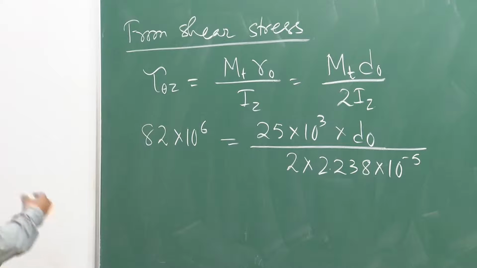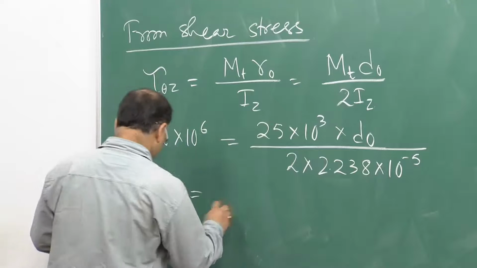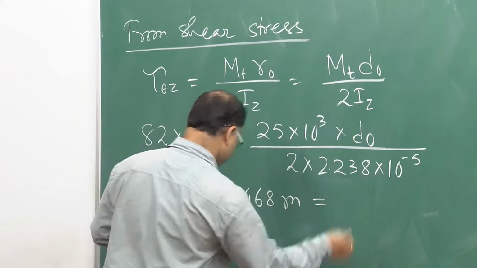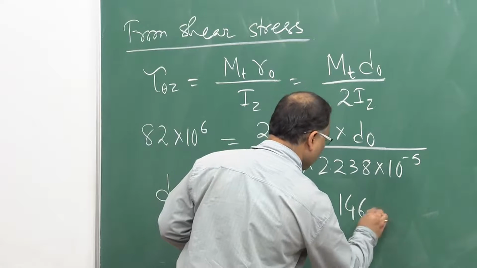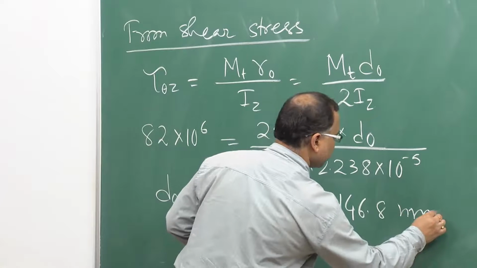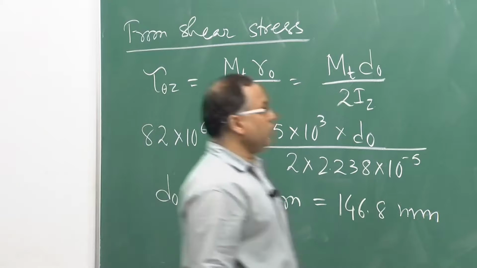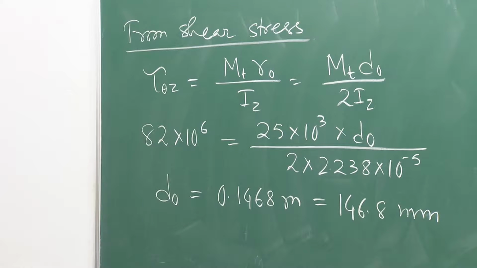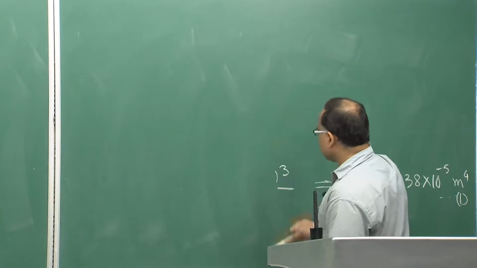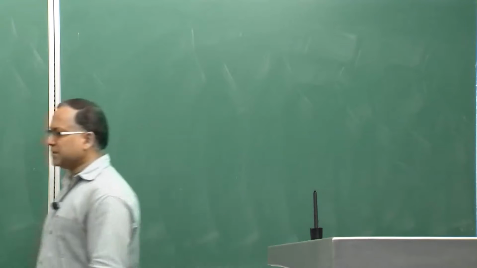From this I can find out DO is equal to 0.1468 meter, that is nothing but 146.8 millimeter. Now you have got at least the outside diameter of the shaft, and you know the polar moment of inertia of the shaft. So from that you can find out the other dimension, the inside diameter.